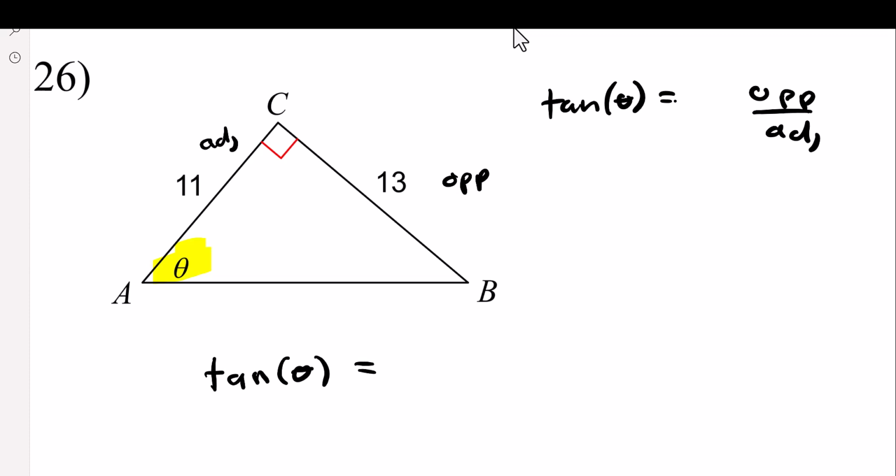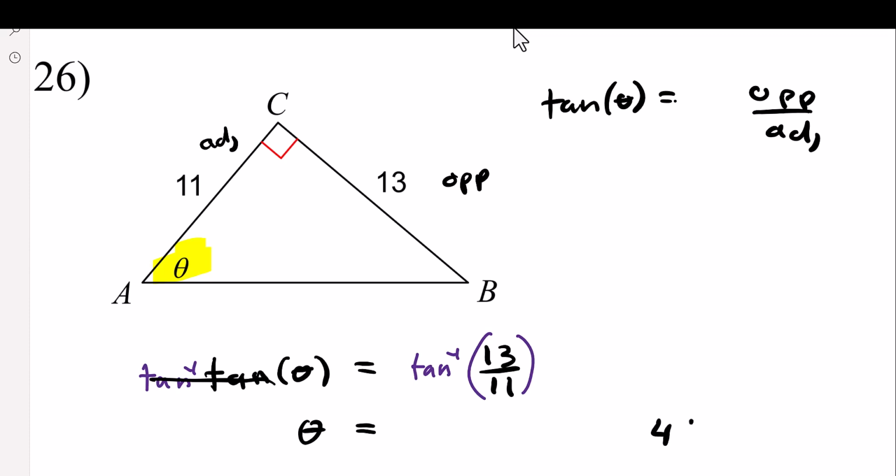Leave some room. So opposite is 13, adjacent is 11, and then you're going to take the arc tangent of both sides. Theta is equal, so second tangent, 13 divide 11, close parentheses.